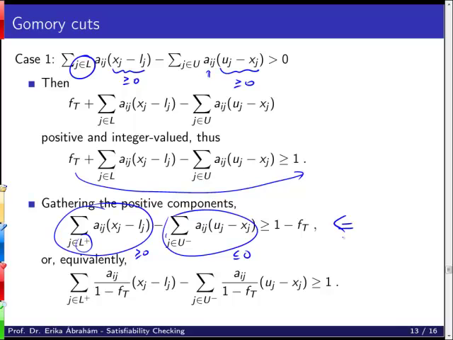And then I just reformulate by dividing by 1 minus ft, and I get a final equation, this one. So it is nothing else than making an assumption that a certain sum is non-negative, and I reformulate, making some implications, using the fact also that the sum is an integer, and I get an inequation.